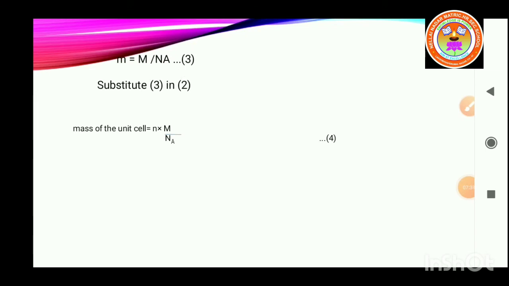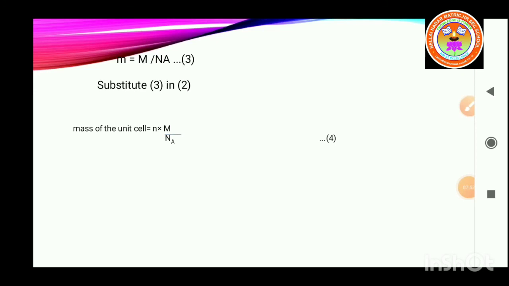So, mass is simply represented as small m equal to molar mass. How is it represented? Capital M divided by, what is Avogadro number? Na. So, small m is equal to capital M divided by Na. Shall I substitute here? Yes.